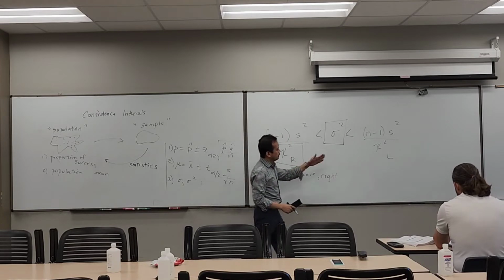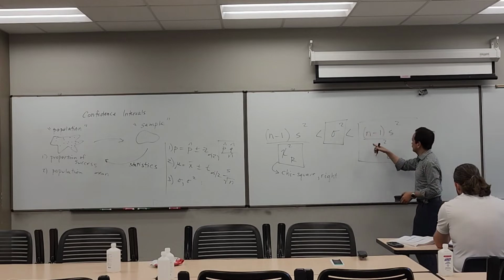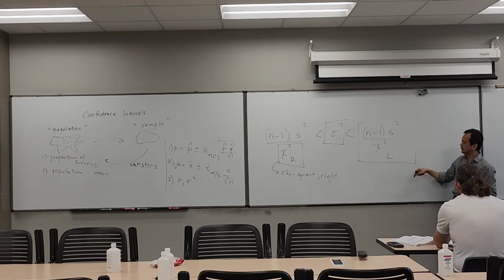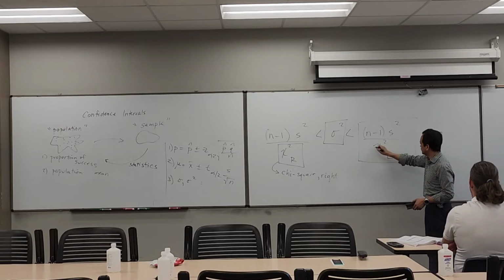And then you notice that on the right hand side, it's almost exact in the symbols, except for the bottom symbol. So it's still n minus one times s squared, and then divided by chi-square left.